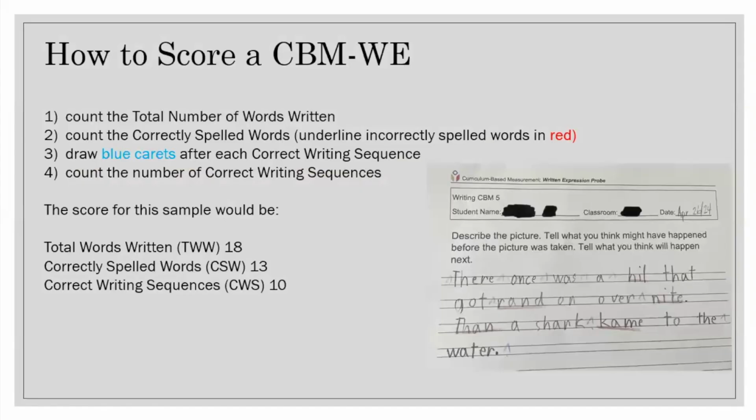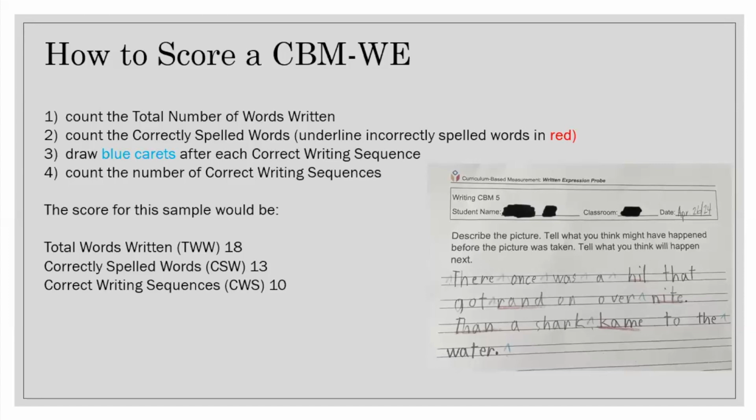Now, how to score a CBM-WE. You count the total number of words written, and there are places to fill this in at the bottom of the page, but I had cut that off. Count the correctly spelled words, and you underline incorrectly spelled words in red. Draw blue carets after each correct writing sequence. Count the number of correct writing sequences.